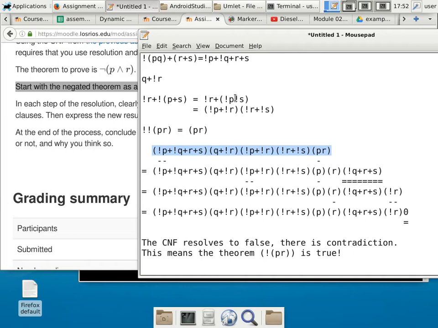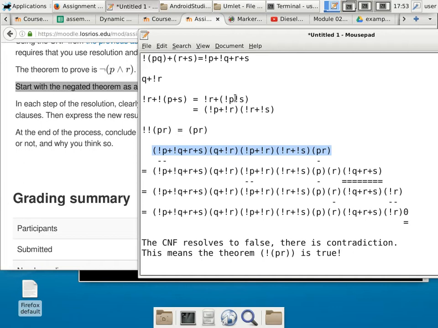If every single row ends up with a 0, then you know there's no chance this CNF can ever be true, because you have exhausted all the possible combinations of values for the variables. So that's the other way you can also prove that there's a contradiction. Then you can reuse proof by contradiction and say that the negation of PR has to be a theorem. So you can use that approach too.